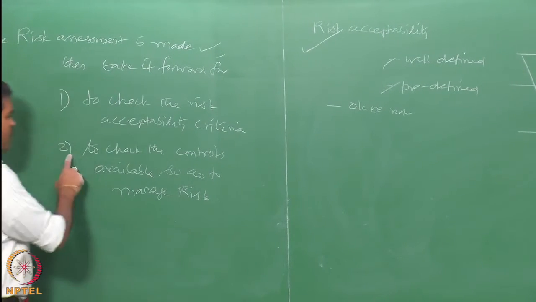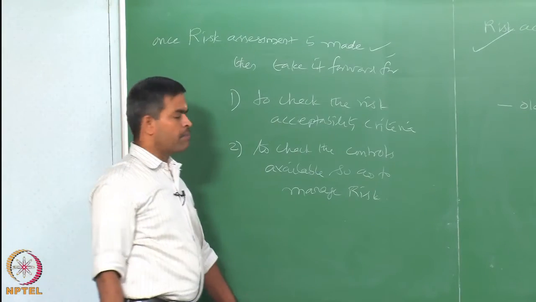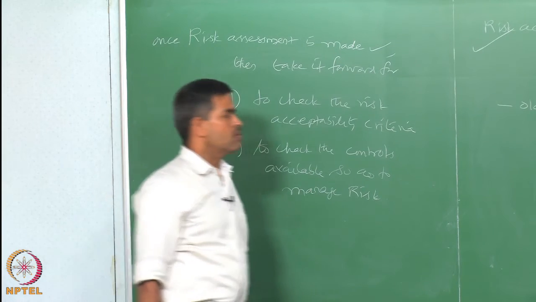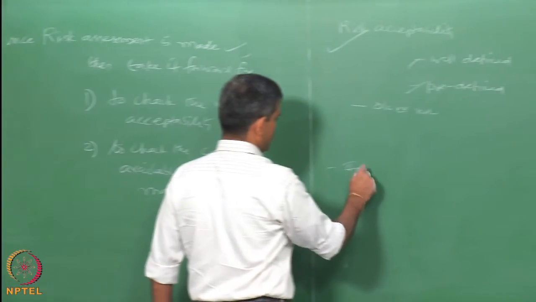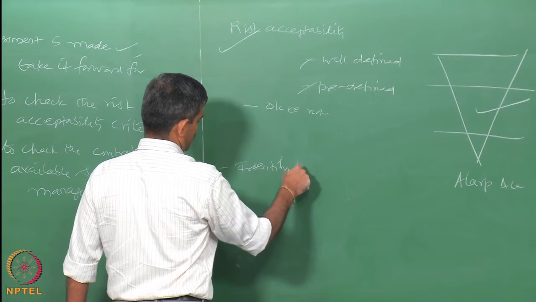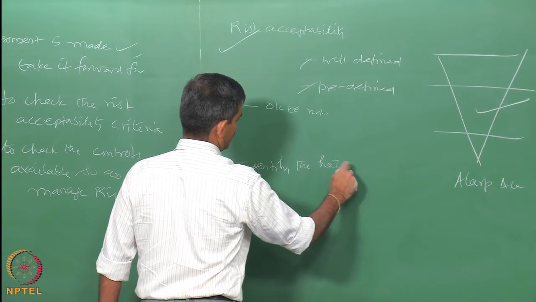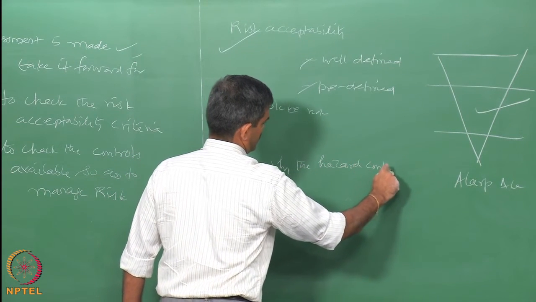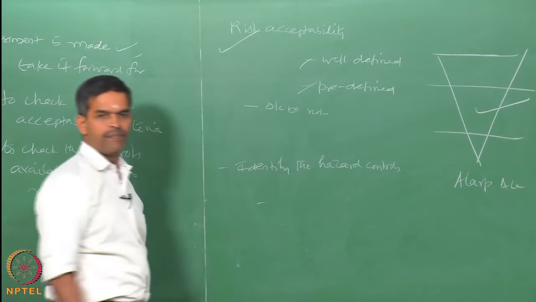But the second problem of risk management is much more complicated. So, we need to also identify the hazard controls present in the system.